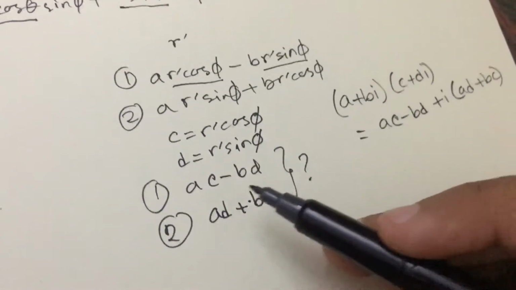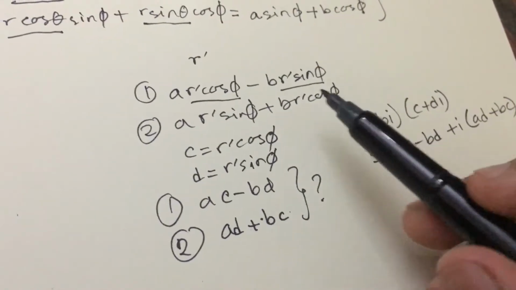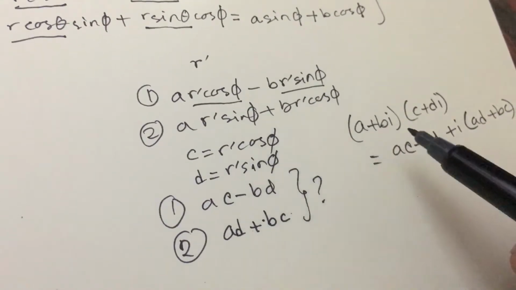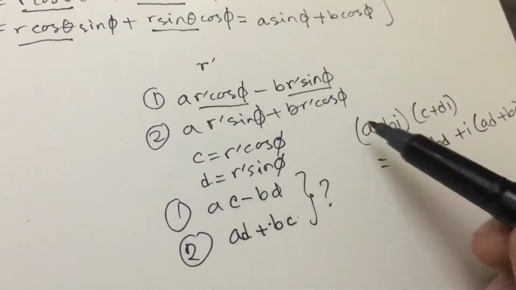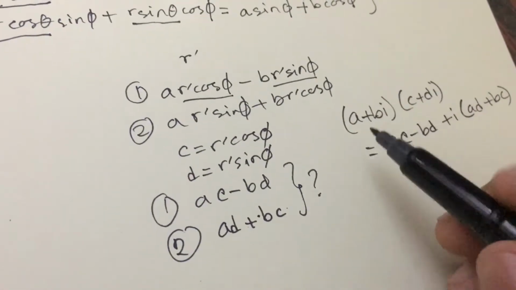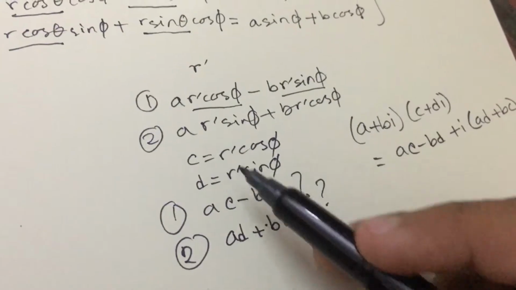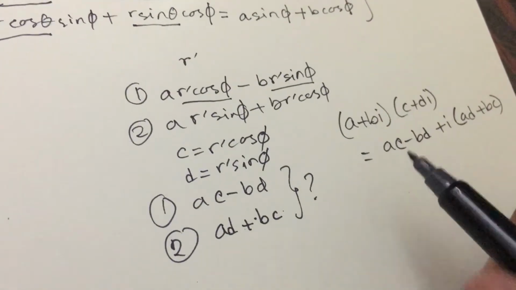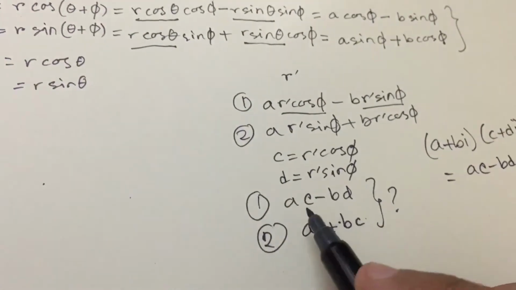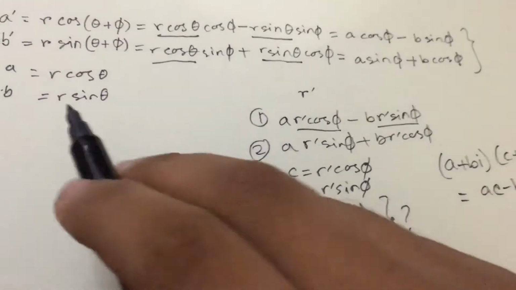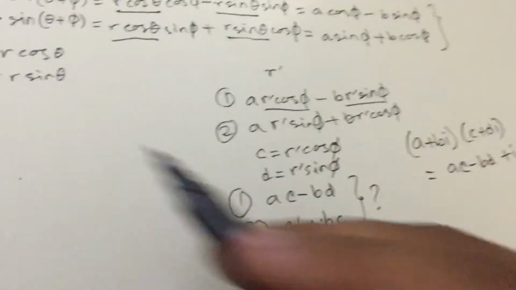And so therefore a complex multiplication causes a rotation of the coordinates by an angle phi, and if we are considering C and D to rotate AB, then it rotates AB by phi and stretches it by r prime. And if we consider it the other way, then A and B are r cos theta and r sin theta.